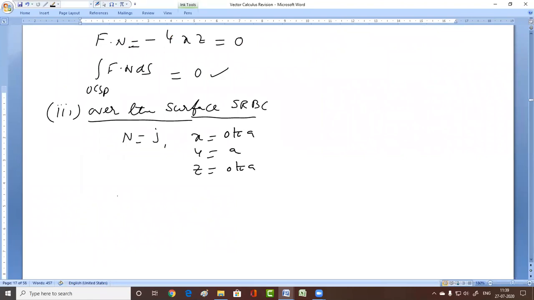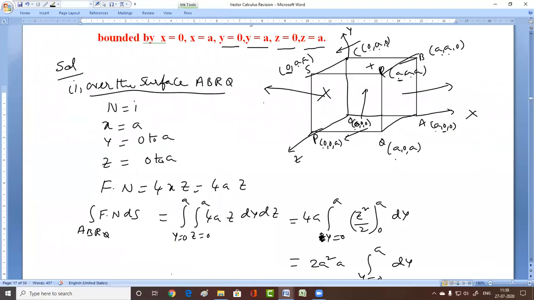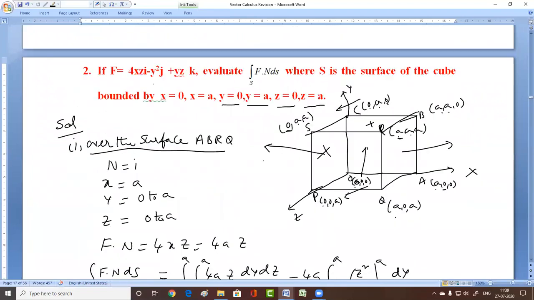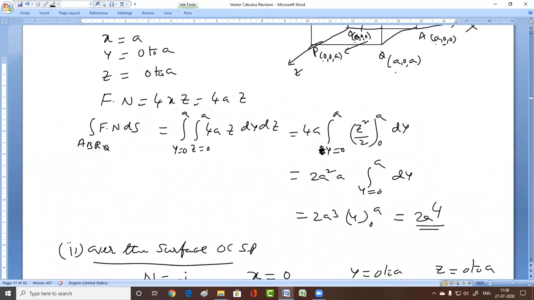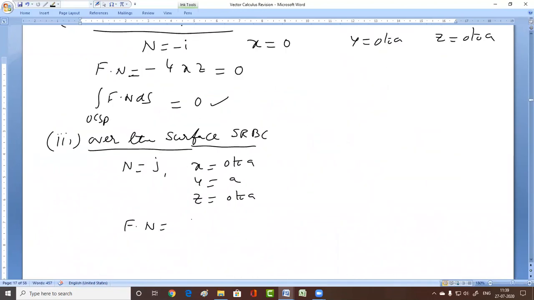What about f dot n? F equals, just observe, j component minus y square. Now y is a, so minus a square.